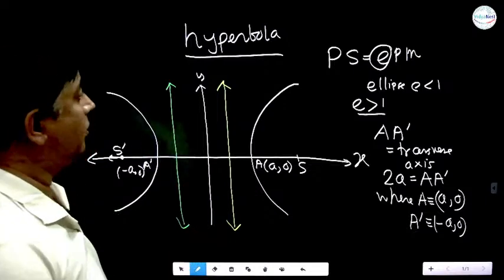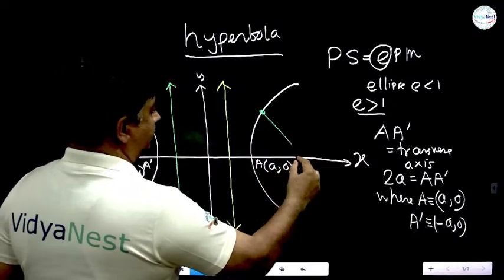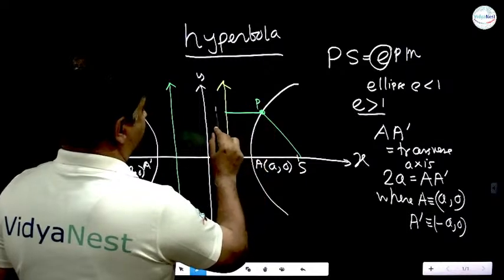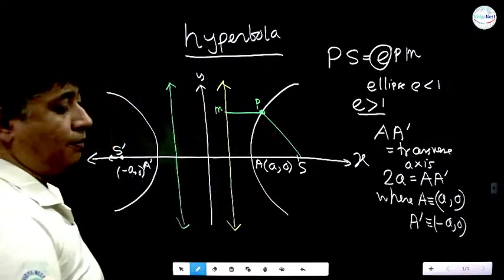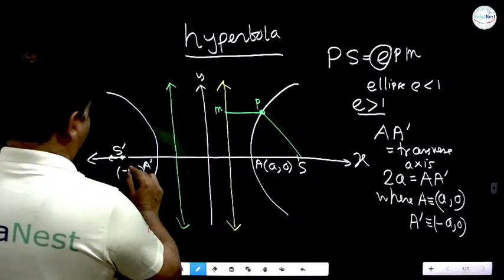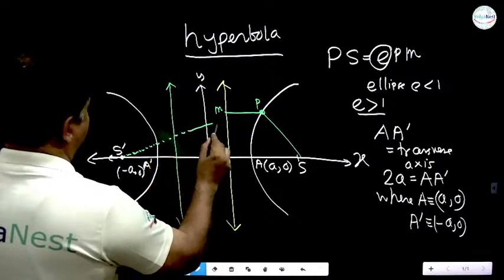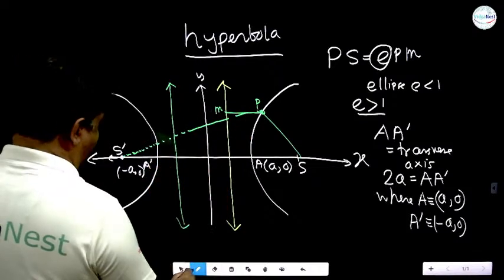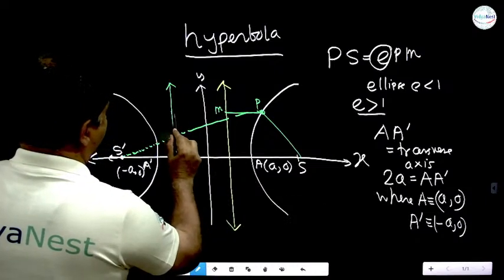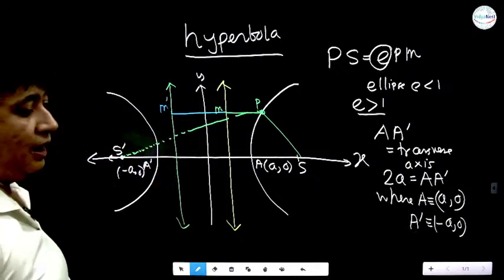Now P lies here, with PS and PM, and on the other side PS dash and PM dash.